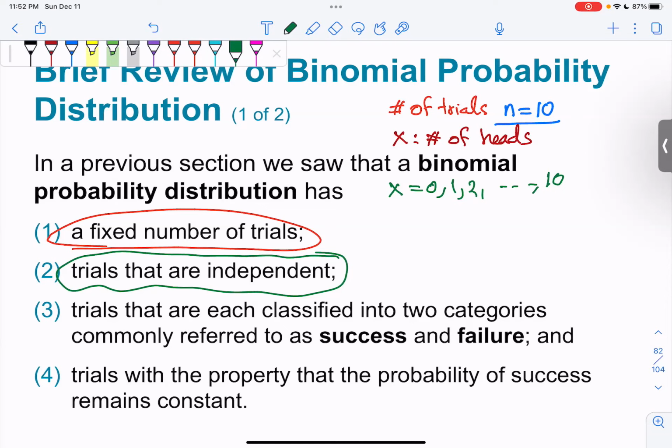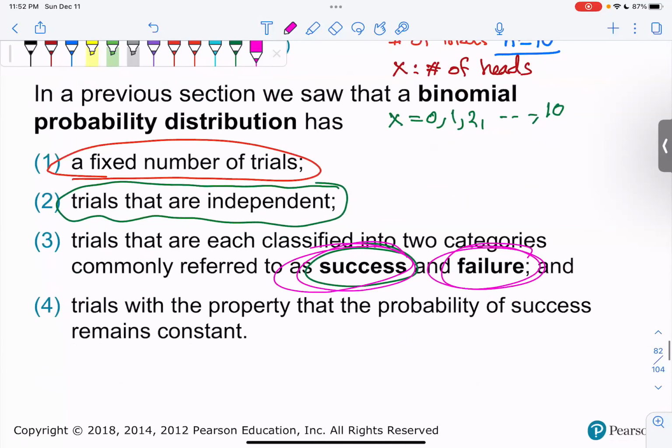And then we have two outcomes. If we got head, that means success. If we got tail, that means failure. Also, the probability of success, p, must be equal from trial to trial. In this case, it will be 0.5, right? Head and tail.